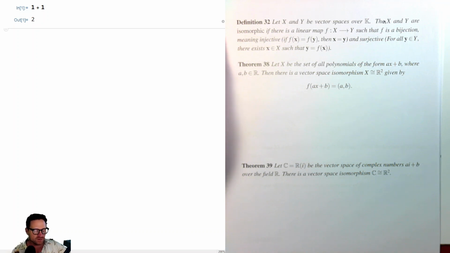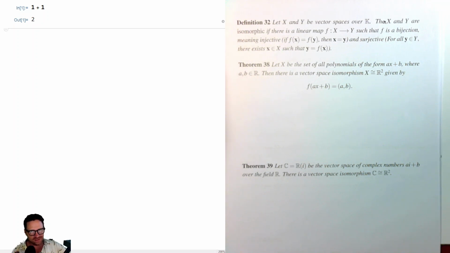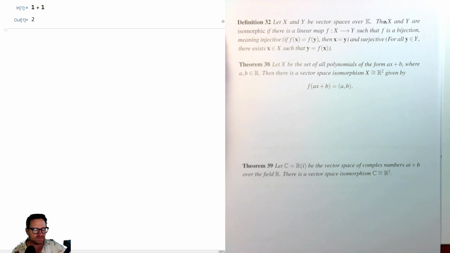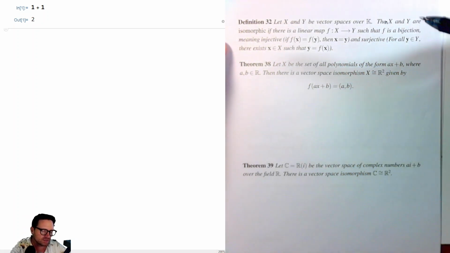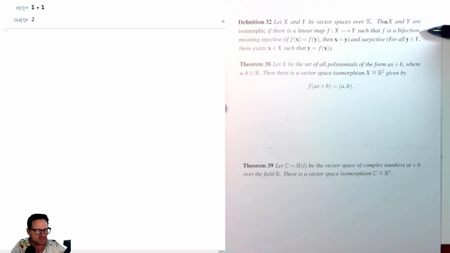That map is reversible, and it was actually a bijection, meaning injective, or one-to-one, and surjective, or onto, meaning that every element came from somewhere. Every element in the codomain came from somewhere in the domain. So in other words, is the map reversible? If it is, then we say it's a bijection.